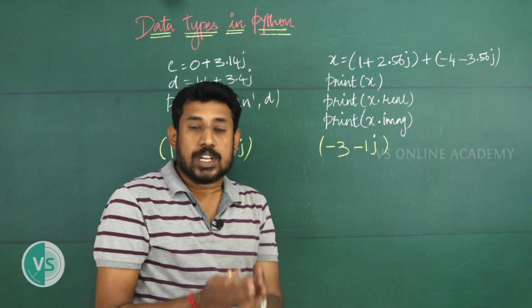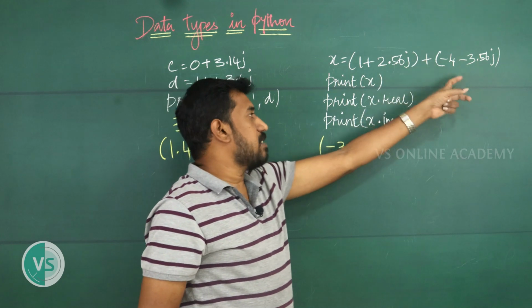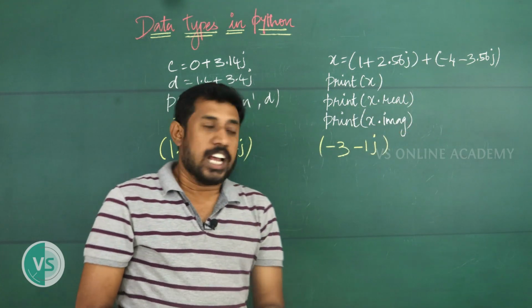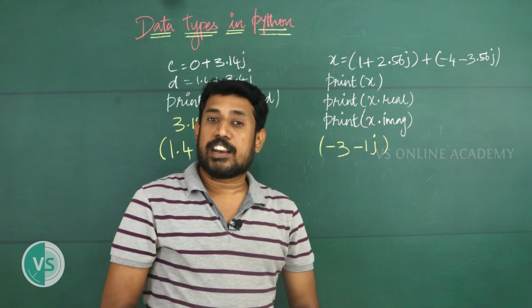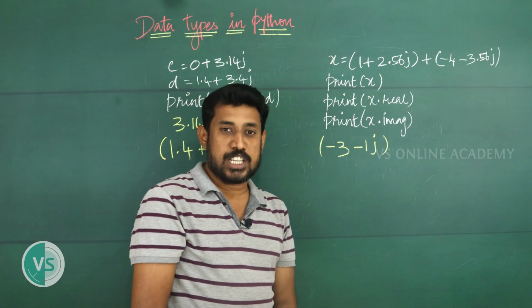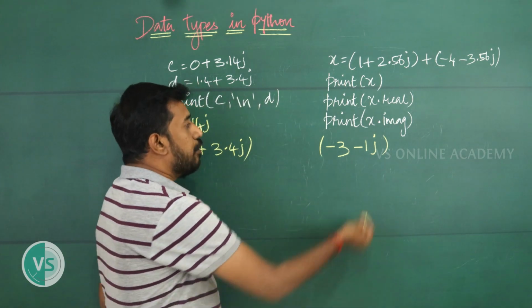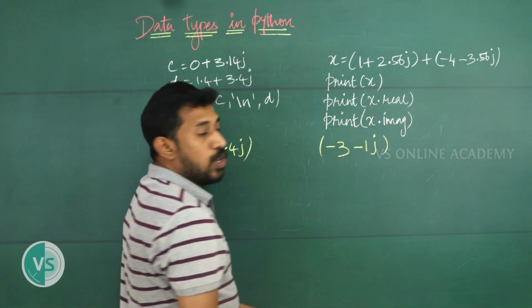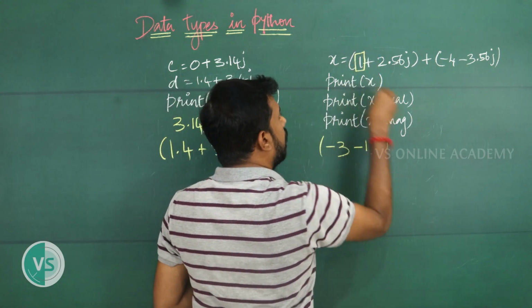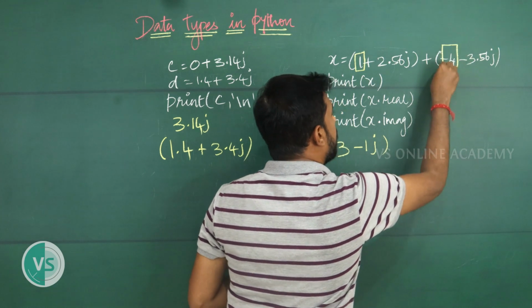If we want to separate the real number as well as the imaginary number, there are two attributes. Please note that the two attributes are the read-only attributes of Python. To get the real number as well as the imaginary number, we can get it separately. If you try to print x dot real, so both the real numbers, look here, the 1 and minus 4 are the real numbers.